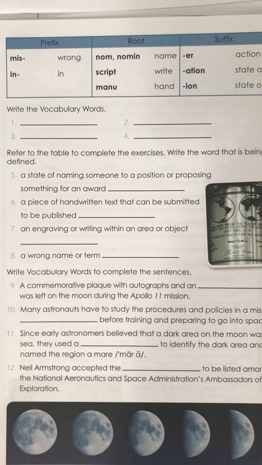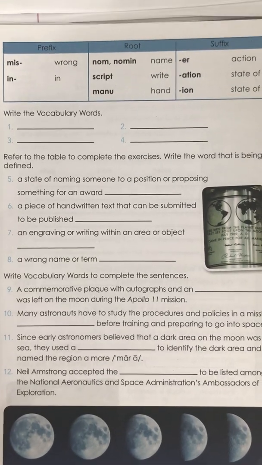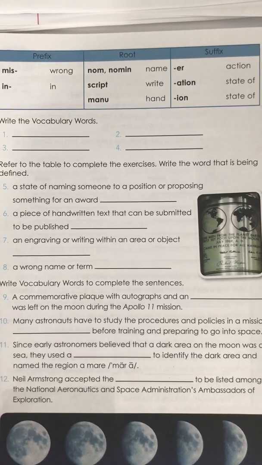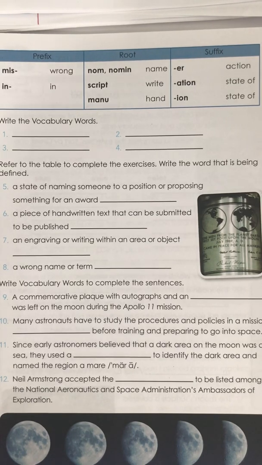For Tuesday here for spelling, you have your vocabulary word assignment as usual. Please remember to use the table on the top that says the prefixes, roots, and suffixes so that you can take some hints and be able to match your meanings to your words.